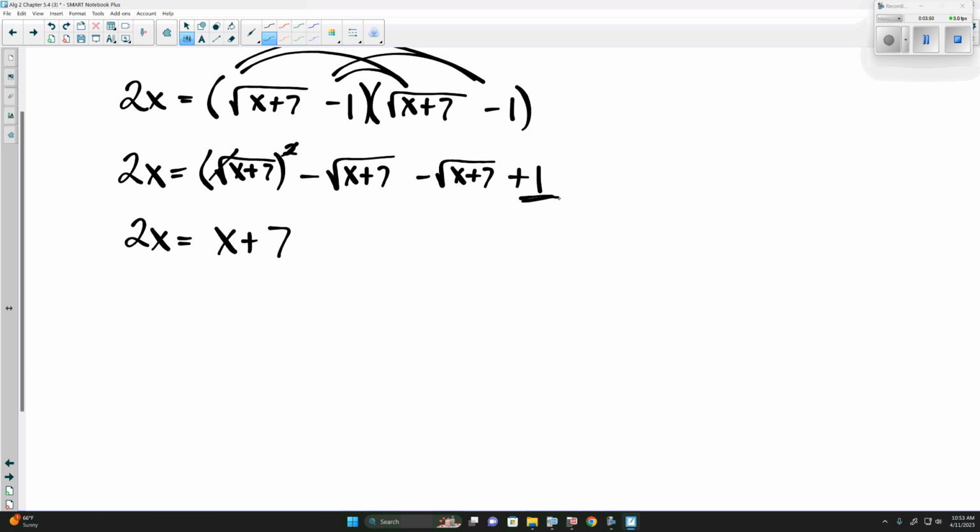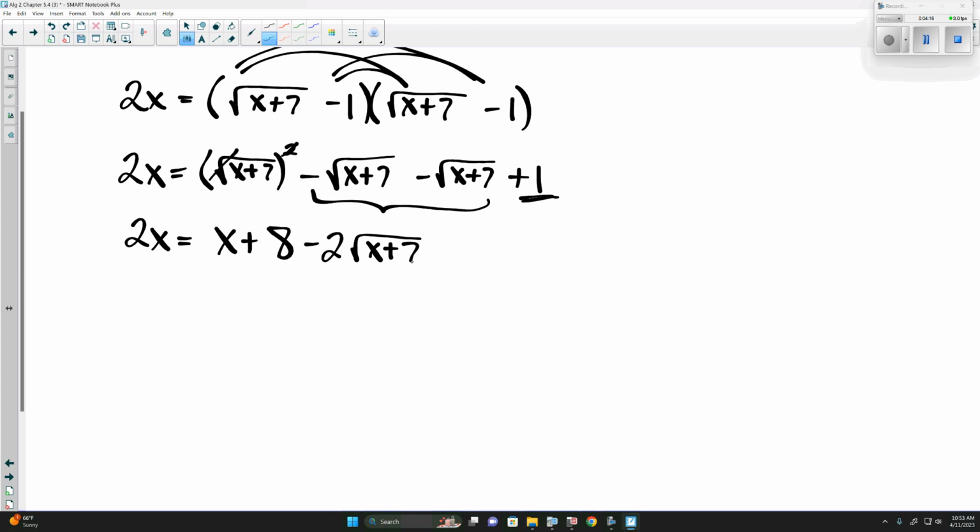If we add those together, we'd get what? The only other like terms are our 2 radicals, and we can combine those since they are the same, giving us negative 2 square root of x plus 7.